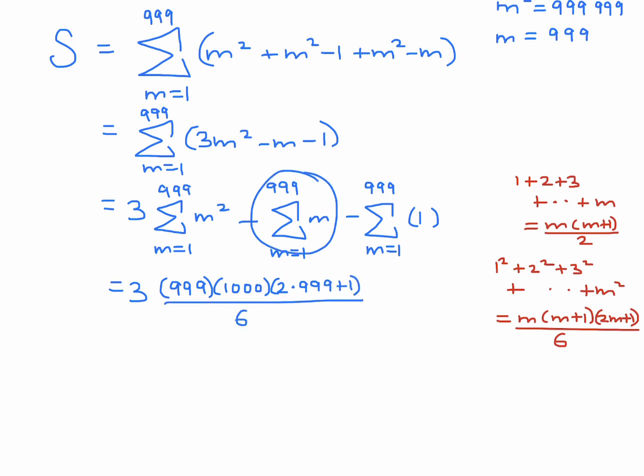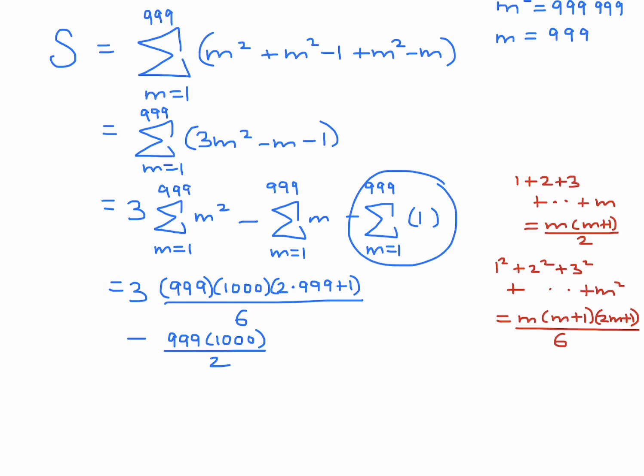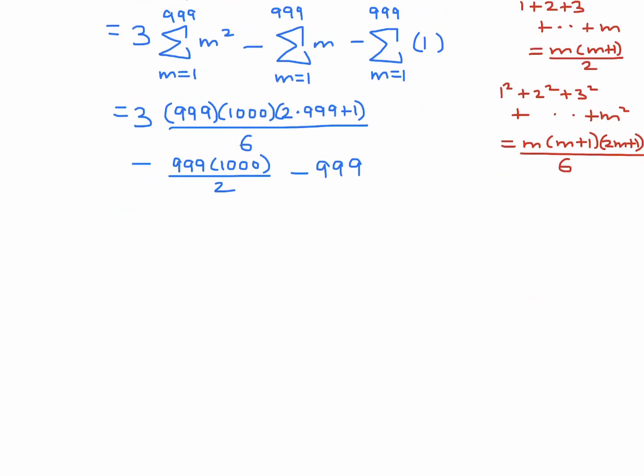Okay, now let's do this guy. That is going to be minus, that's this formula over here. So that's 999 times 1,000 divided by 2. And then this one is just the sum of 999 ones. So that's just minus 999. And that's it. Okay, great.